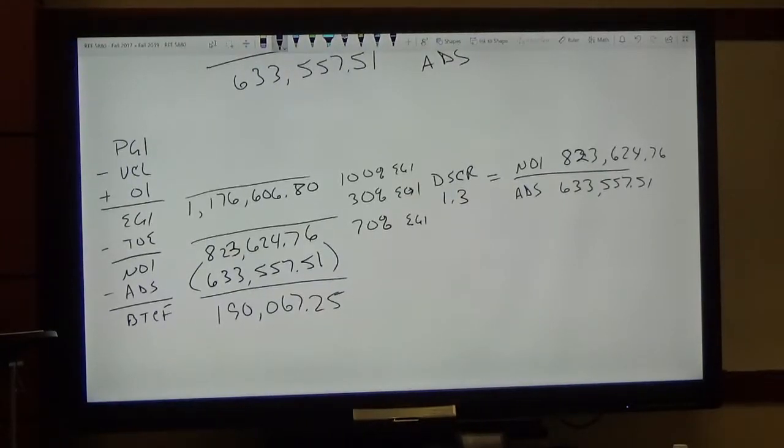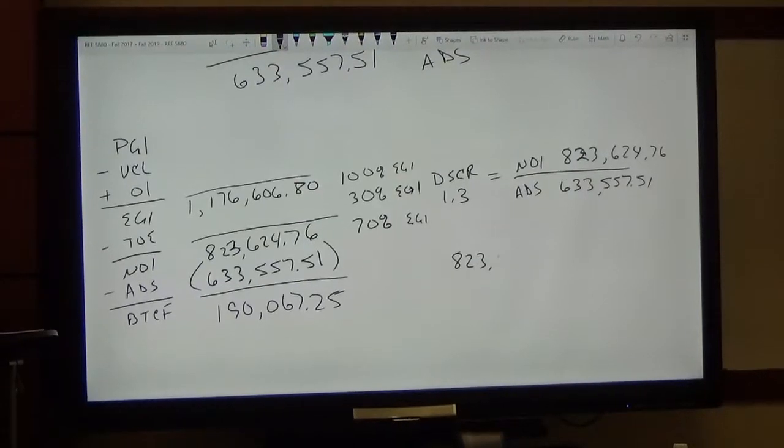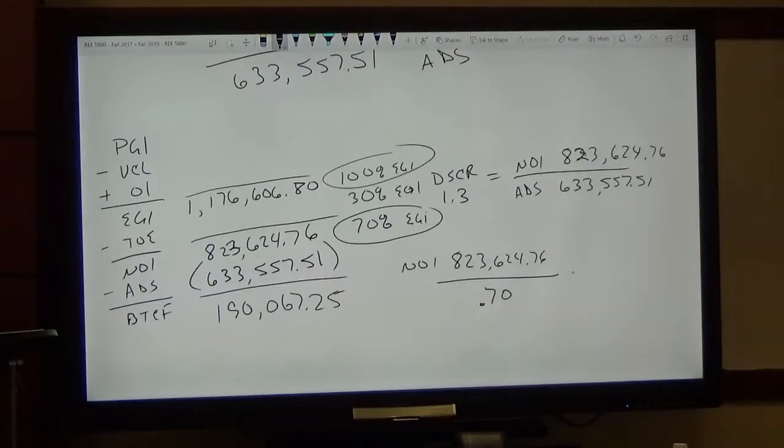All I did was take the 823,624.76, which is our NOI, and divide that by 0.7, which is what that represents of the EGI, and then that gives us our EGI, or effective gross income, of 1,176,606.80. It's just very basic, 5th grade math.